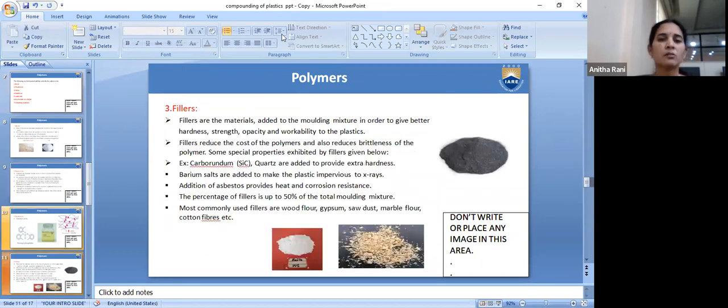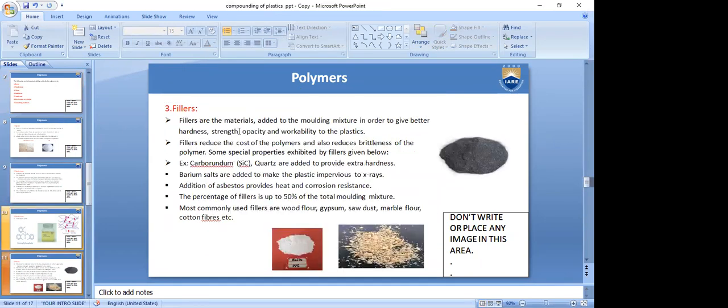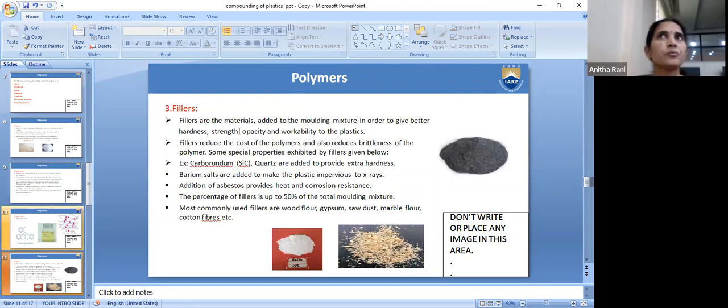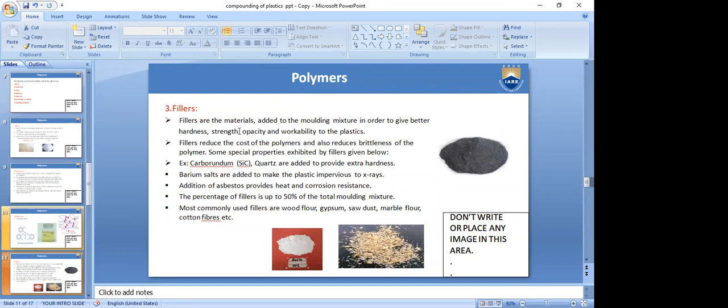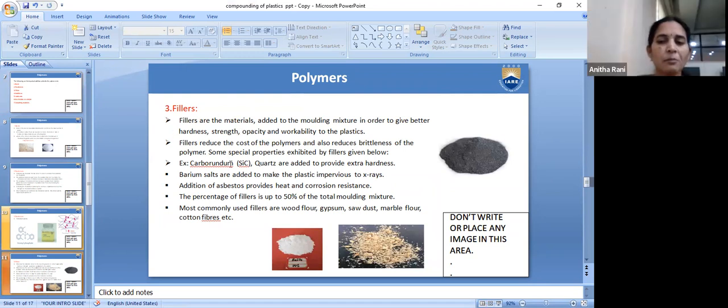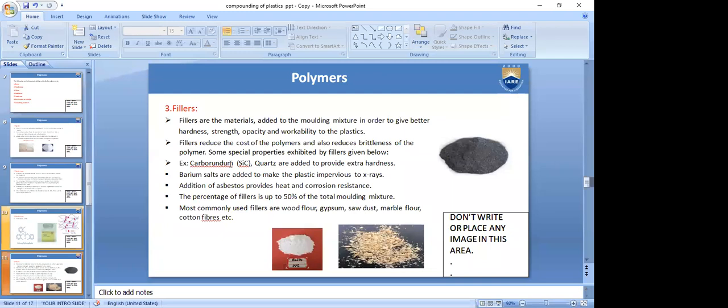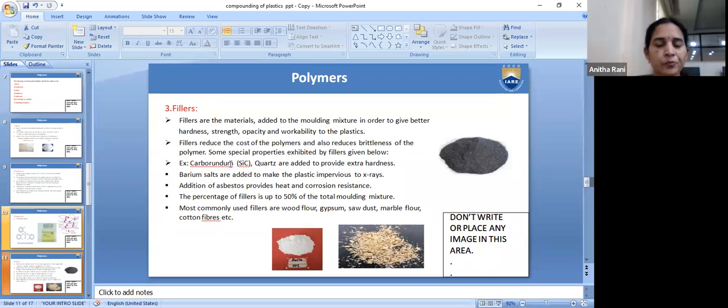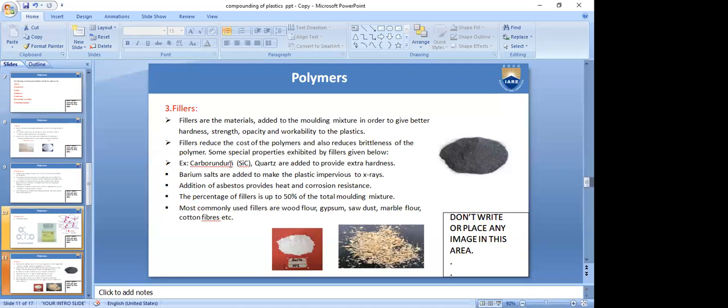Now fillers, why are we adding them? To improve the hardness, opacity and workability of plastics. Why are we adding silica carbide? To provide extra hardness. Barium salts are added to the plastic to make it impervious to X-rays.